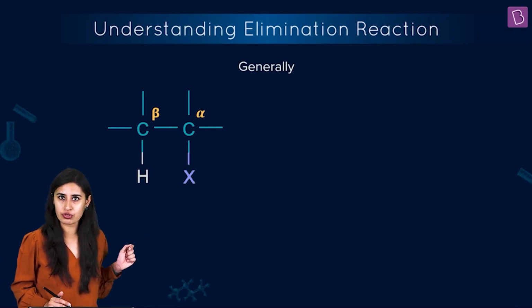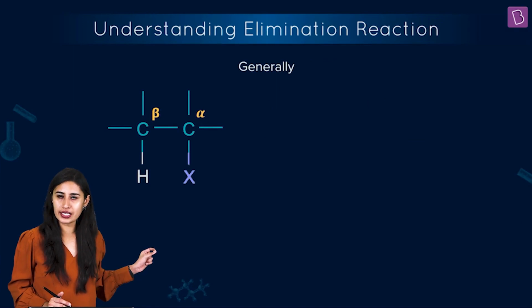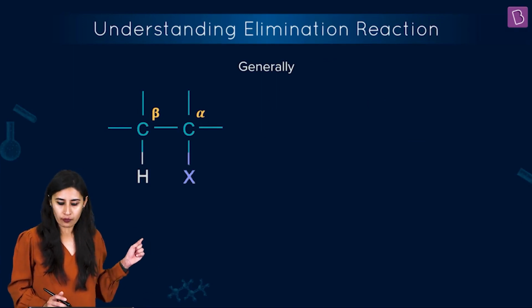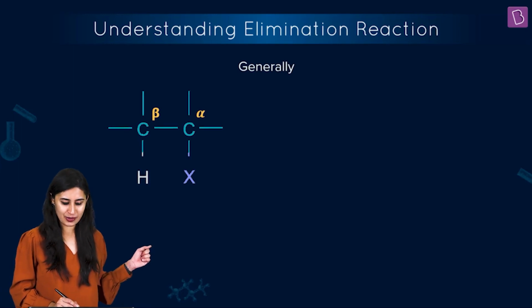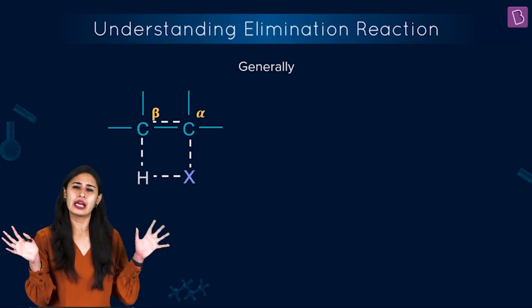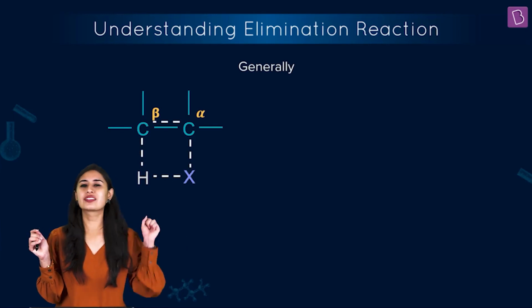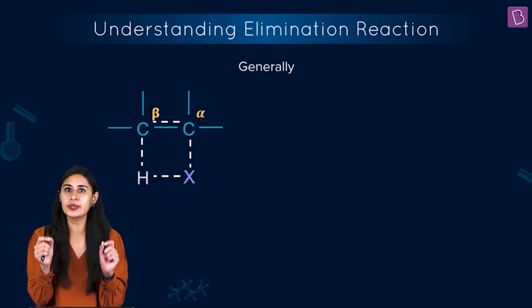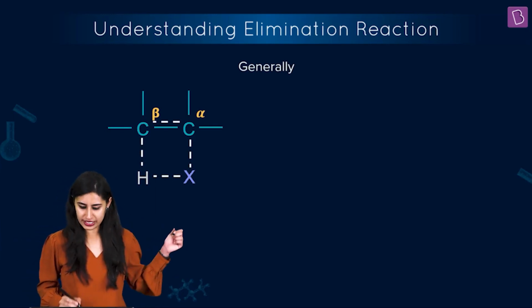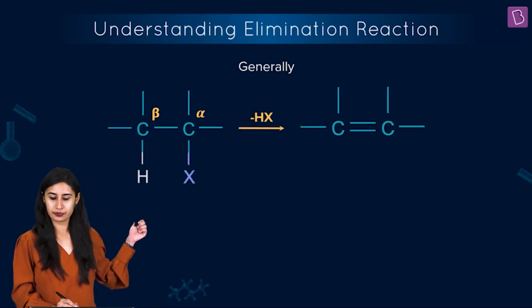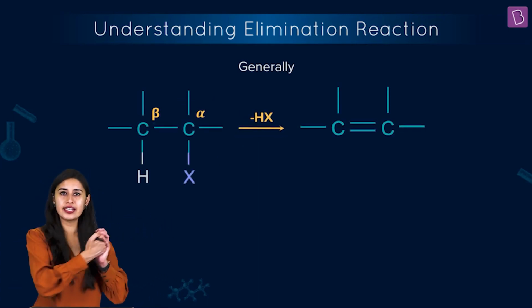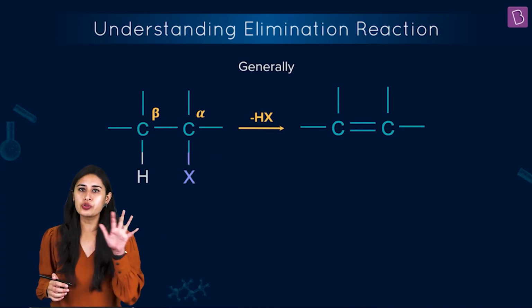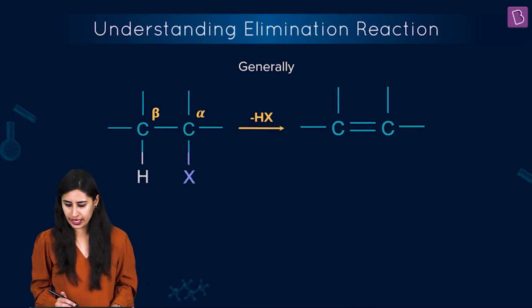At the alpha carbon, what is directly attached is this atom of interest, the halogen for us. What may happen is HX removal in order to get an alkene. Check it out. HX needs to be removed in order to get this kind of alkene, right?